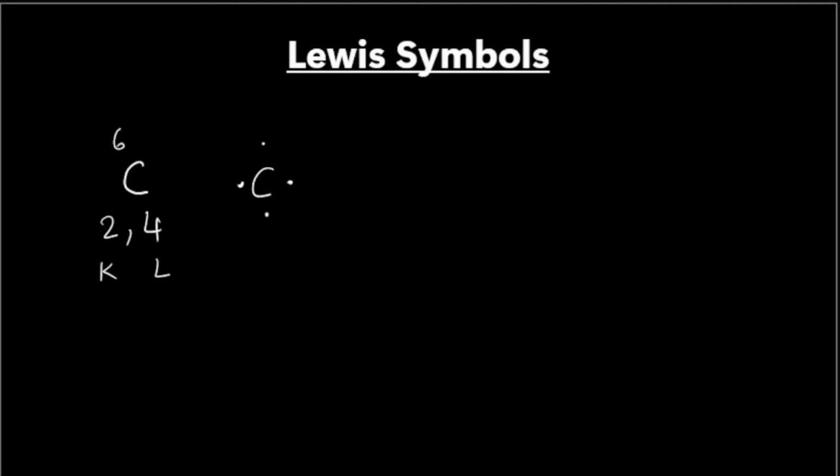Now we can write the Lewis symbol for sodium. You know that the atomic number of sodium is 11 and its electronic configuration is 2,8,1. So there is only one valence electron in the case of sodium. So the Lewis symbol for sodium can be written like this: Na with 1 dot.